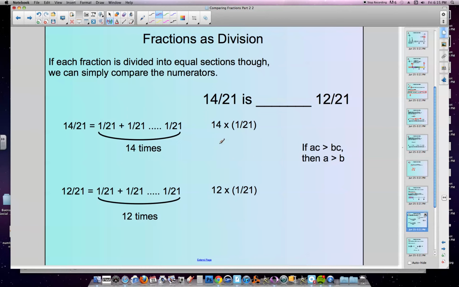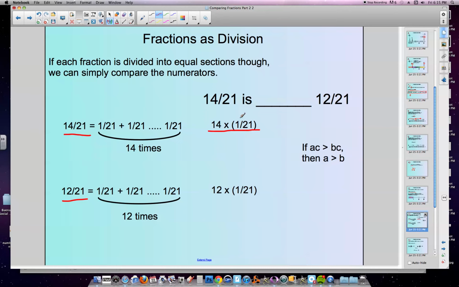For an illustration, if we're comparing two numbers that have the same denominator, 14/21 versus 12/21. Well, 14/21 simply means 14 segments that each have a length of 1/21. So 14 is our coefficient.